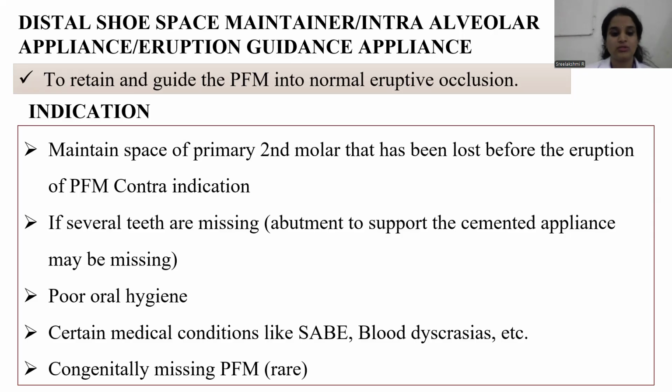The contraindications are if several teeth are missing, because only then can we plan a long distal shoe, but still it is technique sensitive and very difficult to do in uncooperative kids. Poor oral hygiene, obviously, and certain medical conditions like blood dyscrasias and hemophilia, we cannot give this distal shoe, and also congenitally missing permanent first molar.